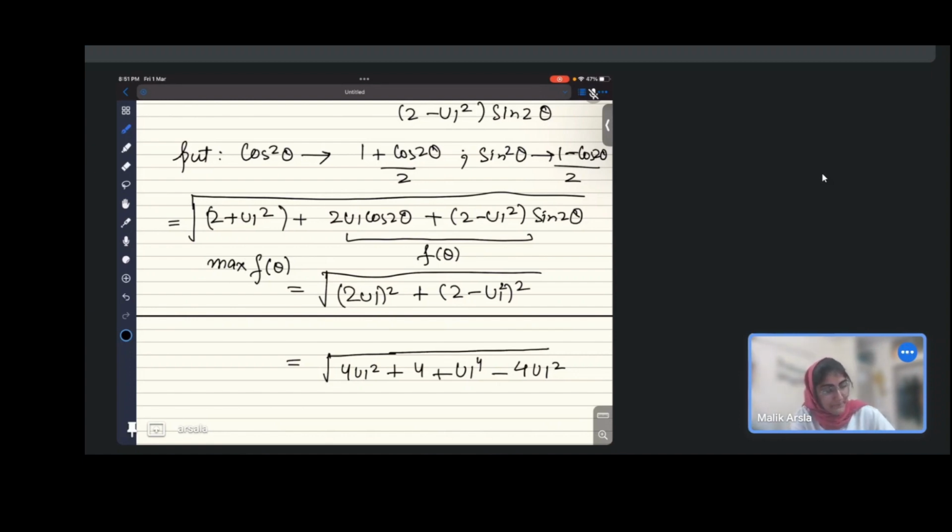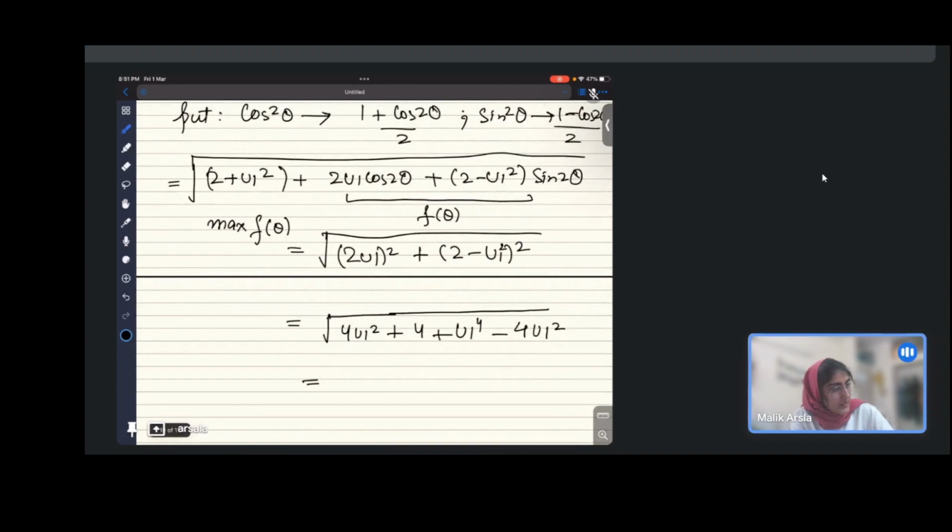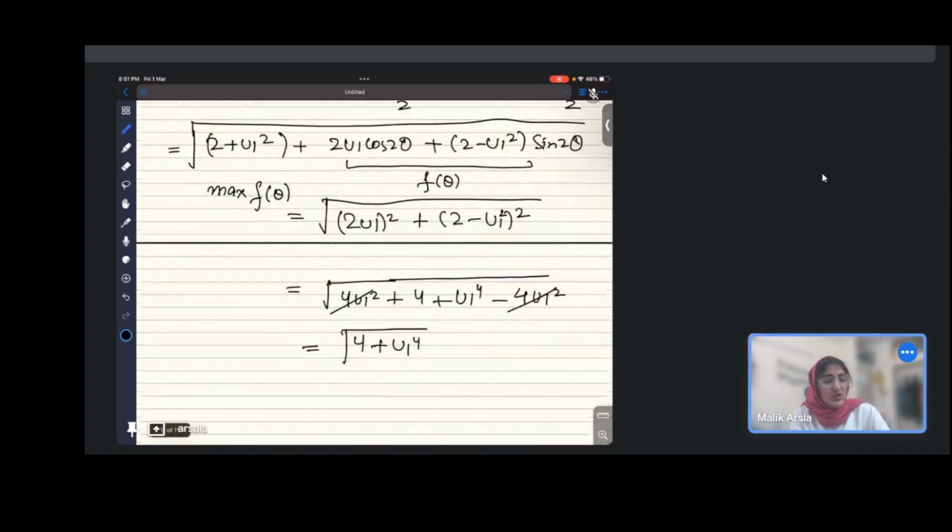And this thing is nothing but u1 square. You can take common here, and it will be 4 plus u1 to the power 4 under root. So this is the maximum value you are getting out of this.